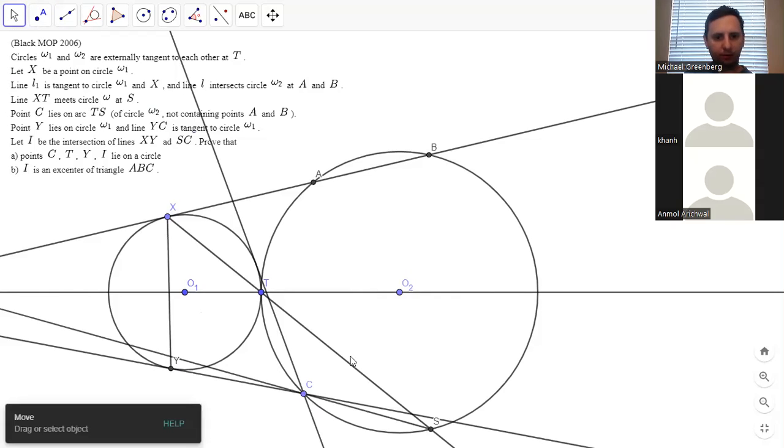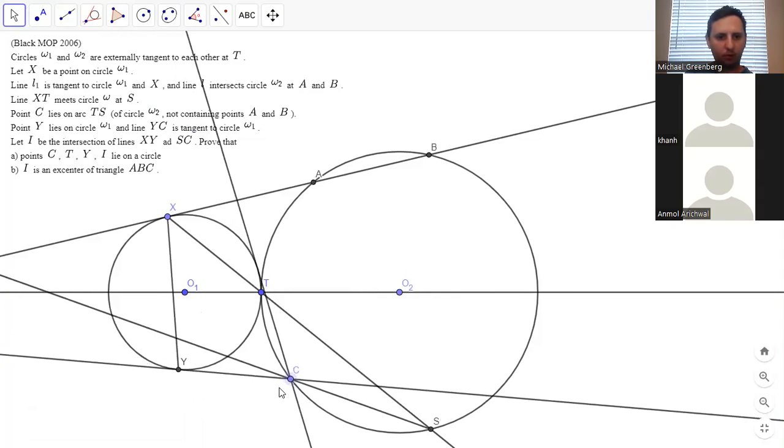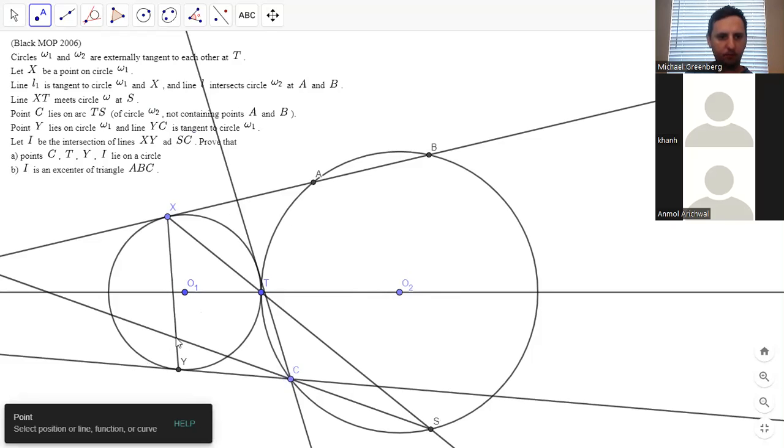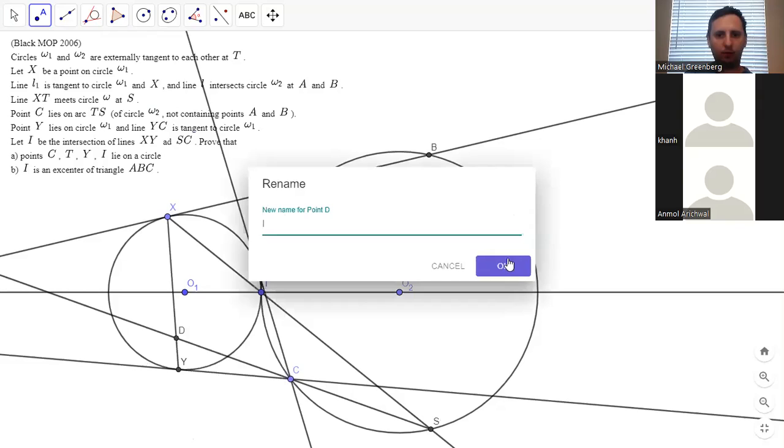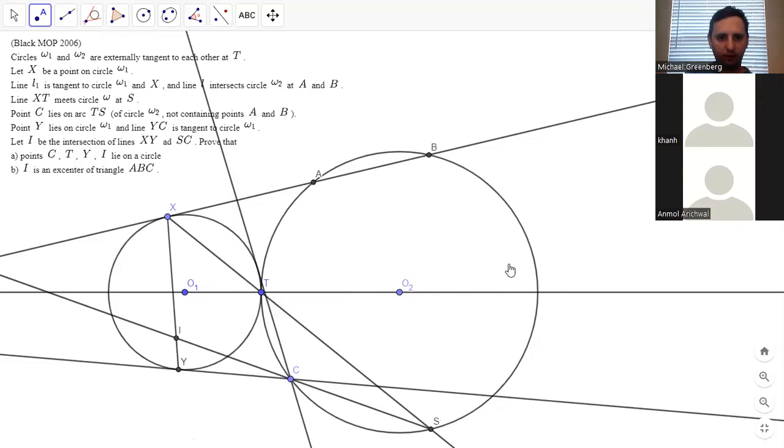Let me move point C around. So first we want to show that CTYI is cyclic, and then we want to show I is the incenter of ABC.